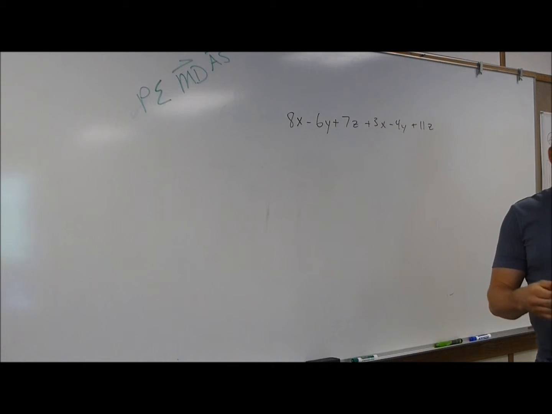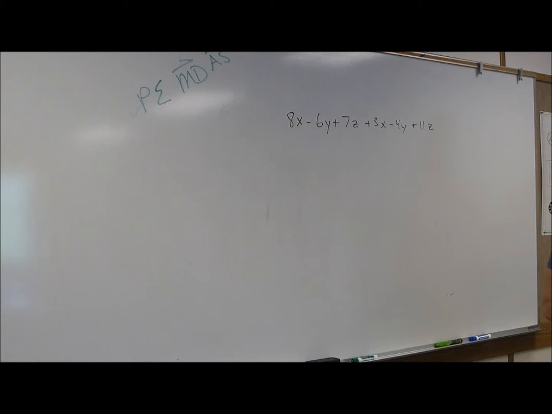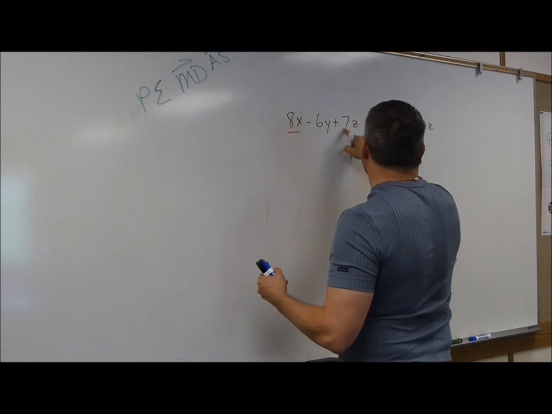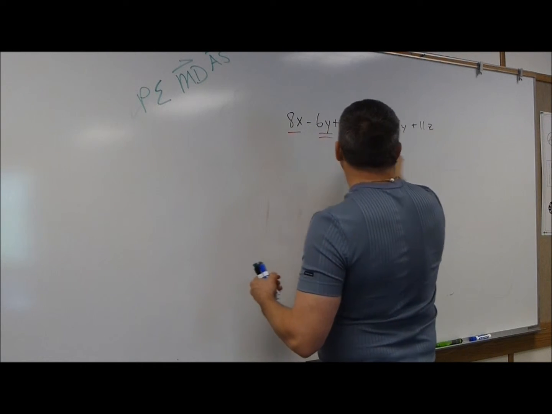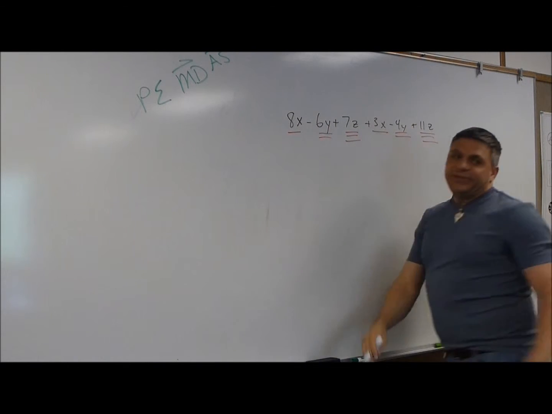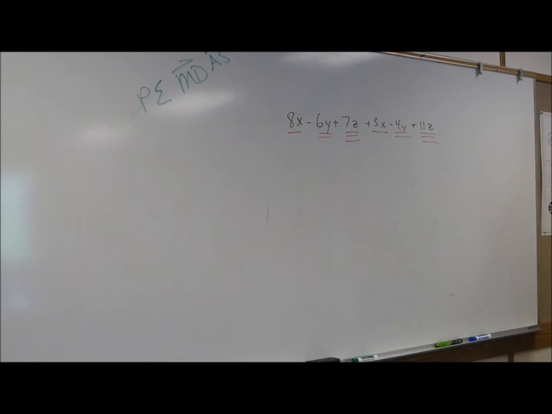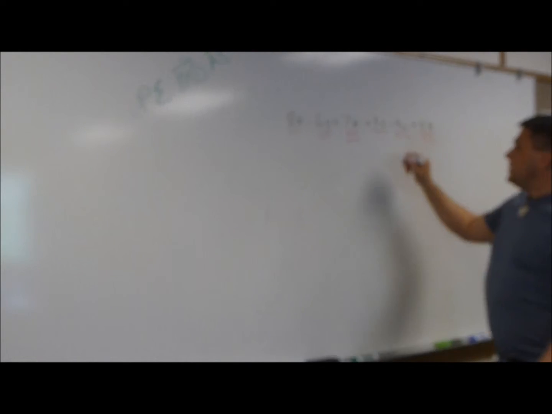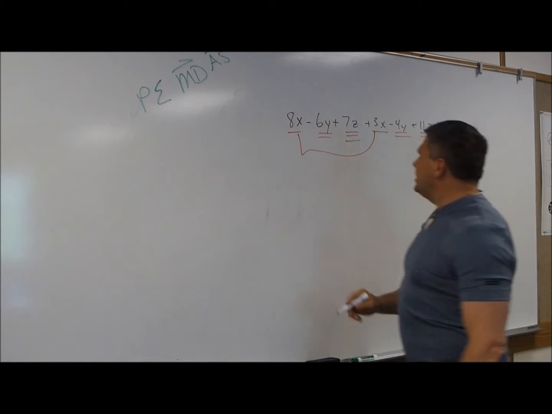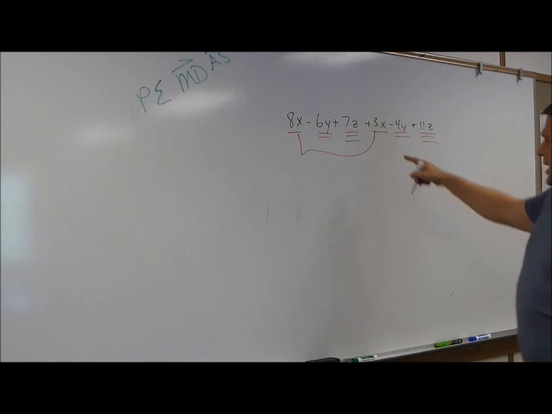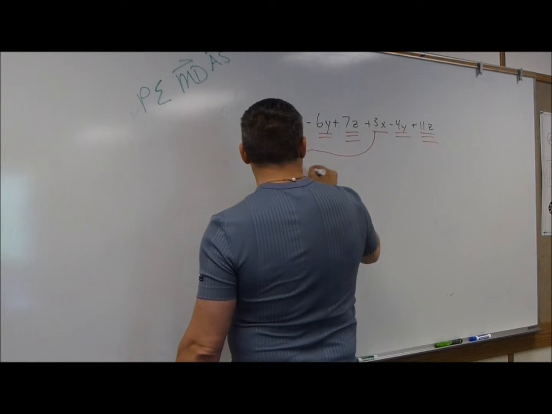And we have to understand that X's go with X's, Y's go with Y's, Z's go with Z's. And by throwing those different lines under them, it lets me know that, hey, I can take this with that. And I have 3 plus 8, and that's 11x.